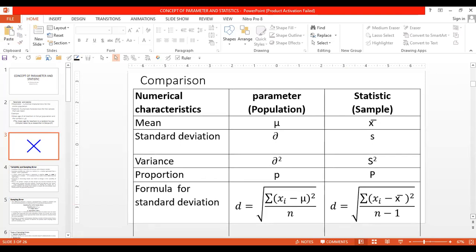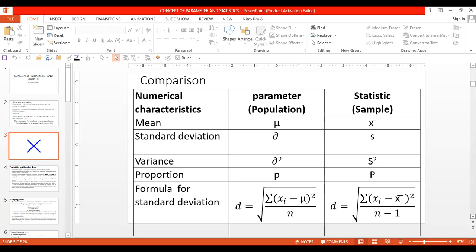And you can see the formula here: delta equals the root of the summation of values of X minus mu, both squared, all over n. And for that of the statistic, it is the root of the summation of values of X minus the mean, both of them squared, all over n minus 1.